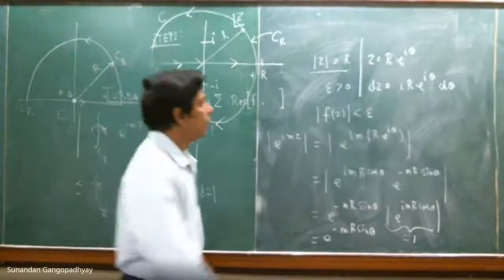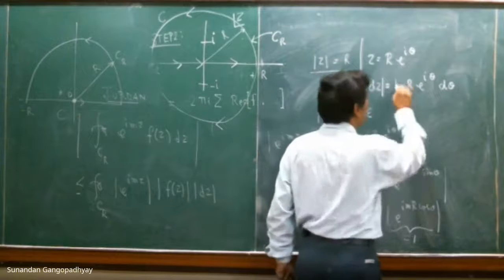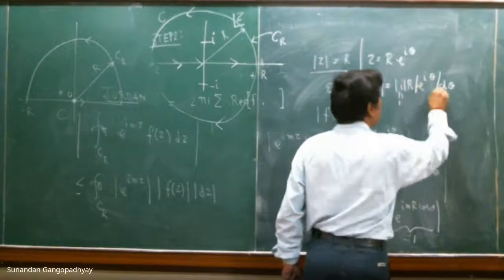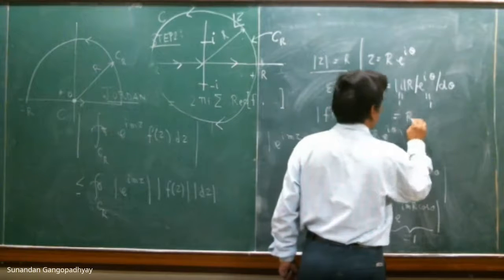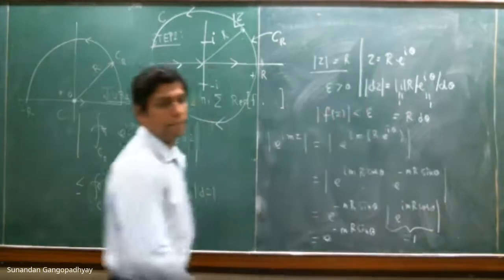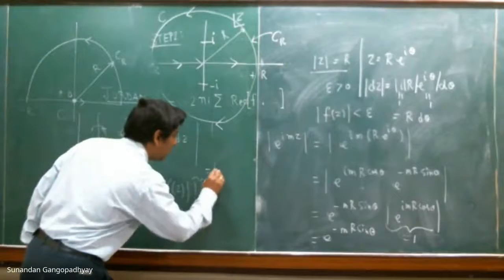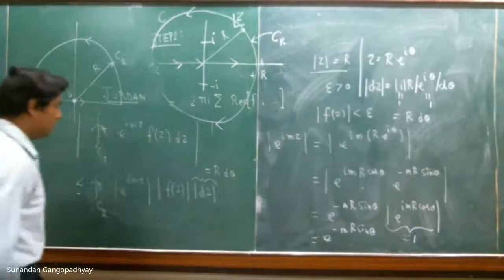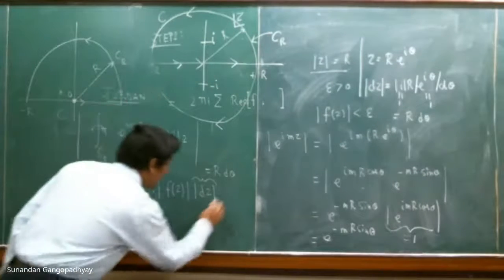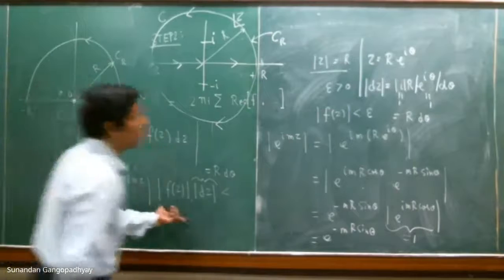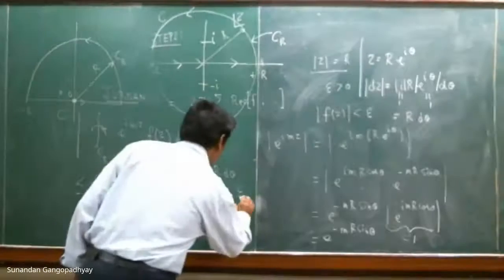The modulus of i is 1, and the modulus of e to the power of i theta is also 1, so the modulus of dz is R d theta. Now the modulus of f of z is less than epsilon, so I can take it outside.